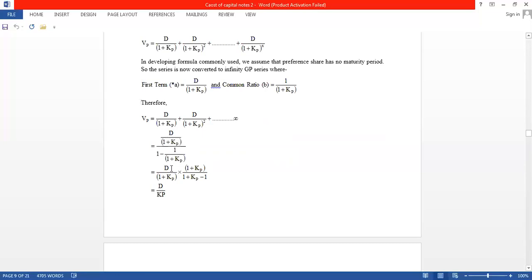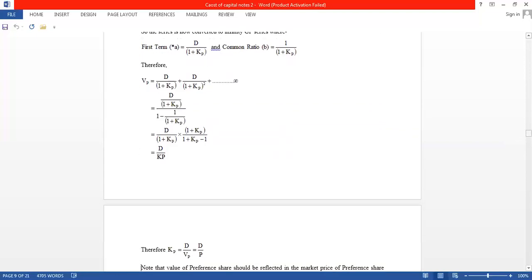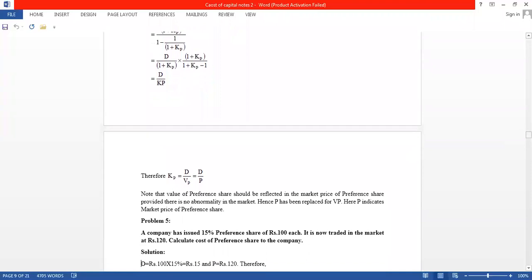By applying this formula and solving it, we ultimately get Vp is equal to D by Kp. It means that if we change the side, then the formula becomes Kp, that means cost of preference share capital, is equal to D by Vp. So in place of Vp, you apply the price and then you will get the result.